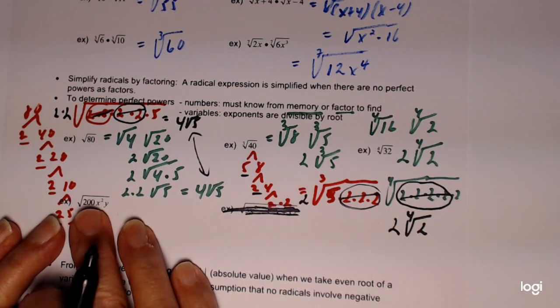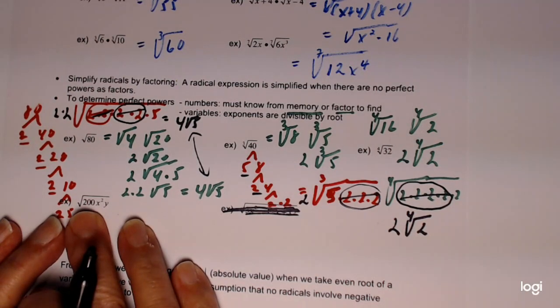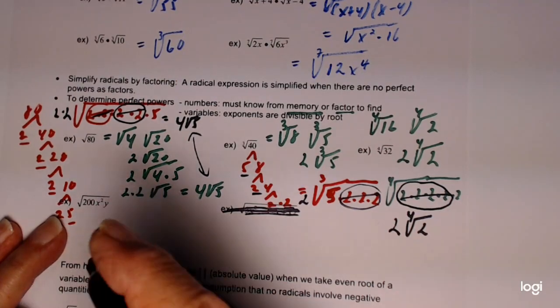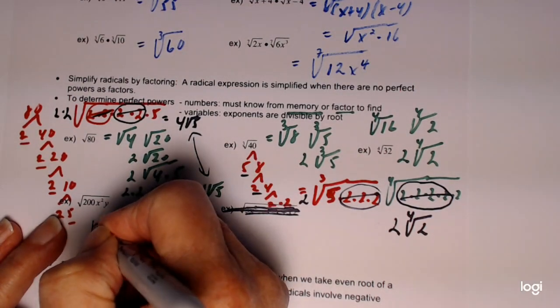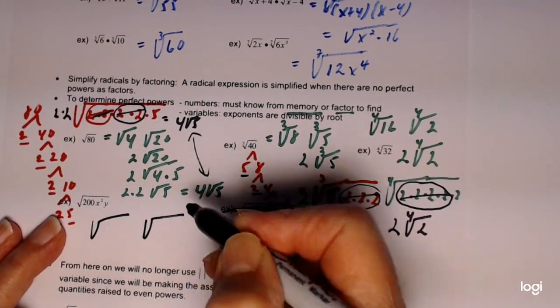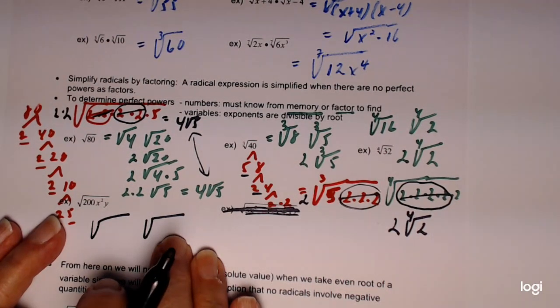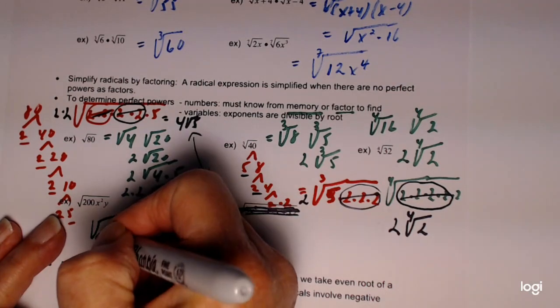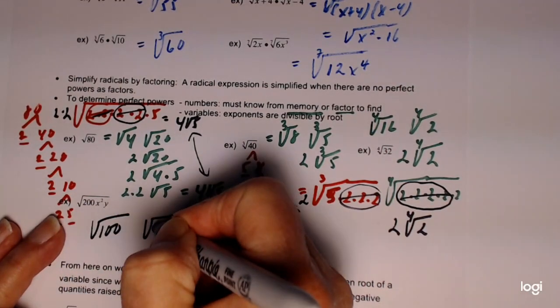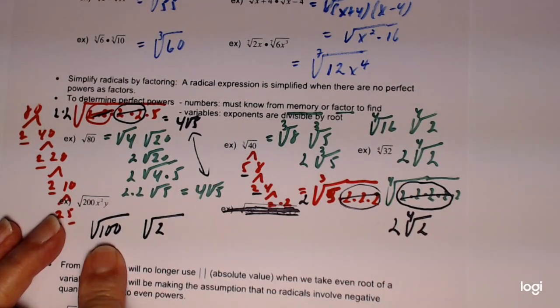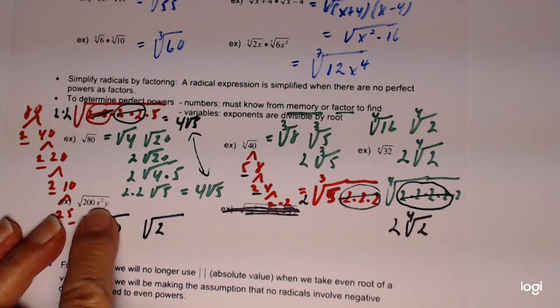And because this is looking at square roots, 100 is a perfect square. So I could factor this into 2 radicals, one with all the perfect squares and the other with the leftovers. So 200 would be 100 times 2. 100 is a perfect square.